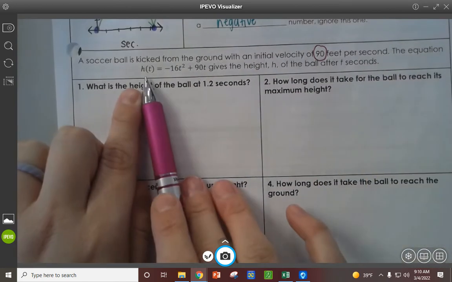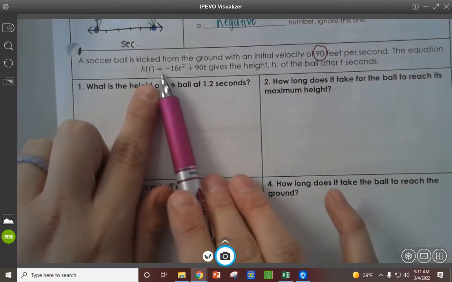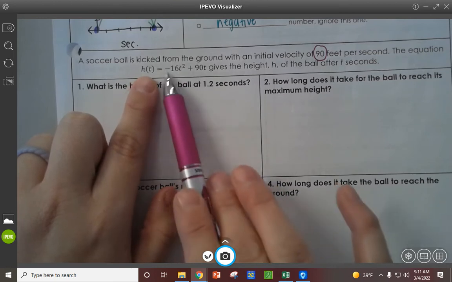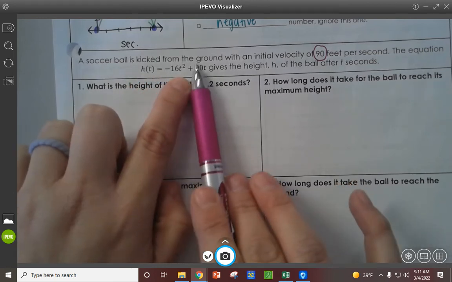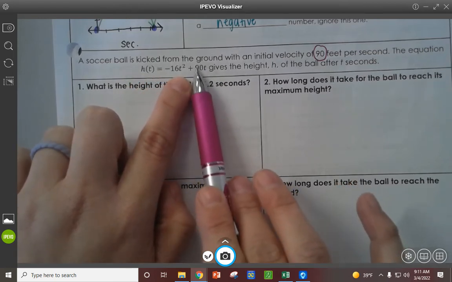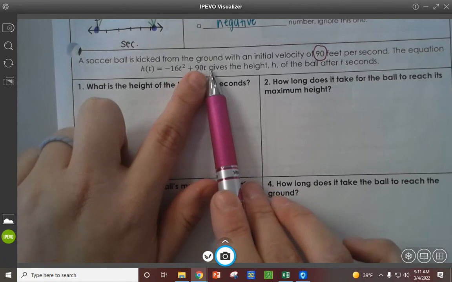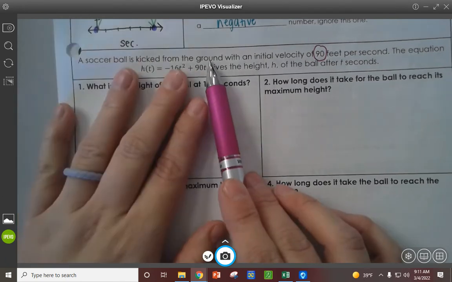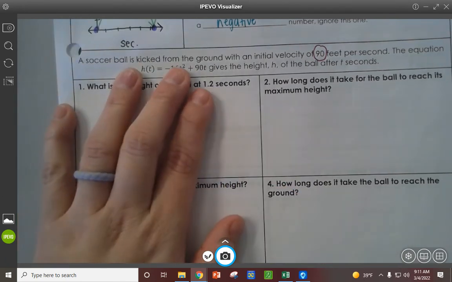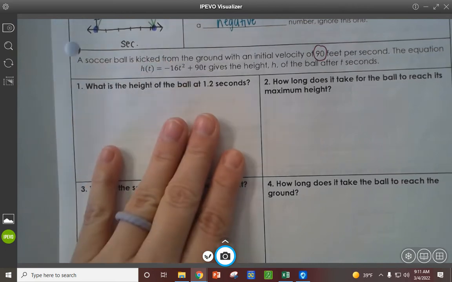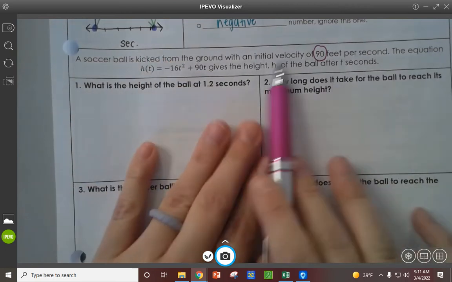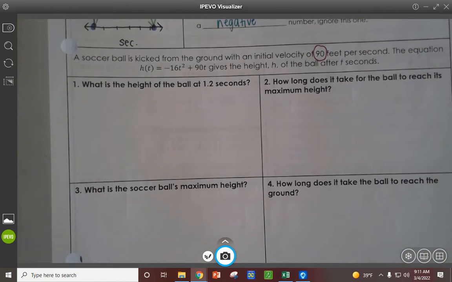The equation, h of t equals negative 16 t squared plus 90t, the 90 is your velocity, and then plus 0 because it didn't start off higher. It was from the ground.